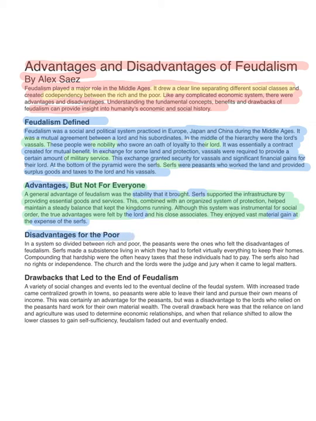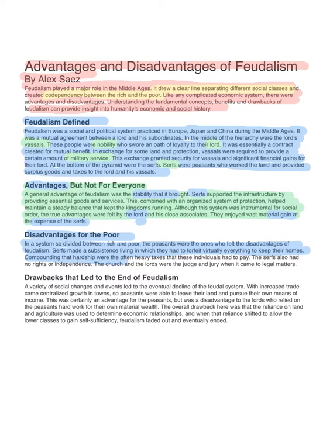There were disadvantages for the poor. In a system so divided between rich and poor, the peasants were the ones who felt the disadvantages of feudalism. Because remember, up here we said the lords were getting rich at the expense of the poor. Serfs made a subsistence living in which they had to forfeit virtually everything to keep their homes.